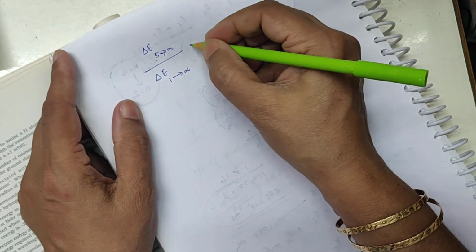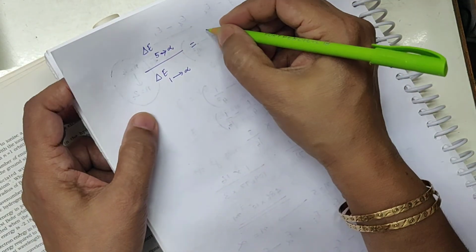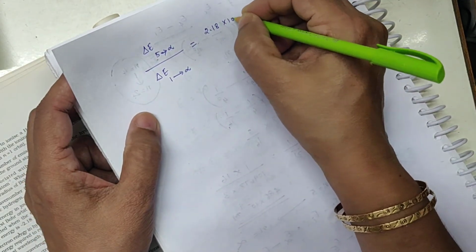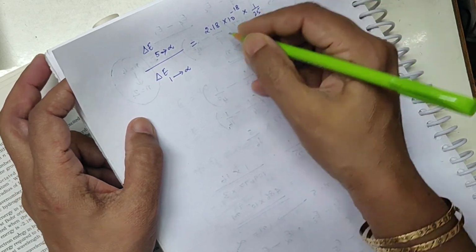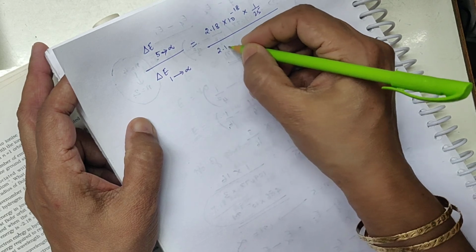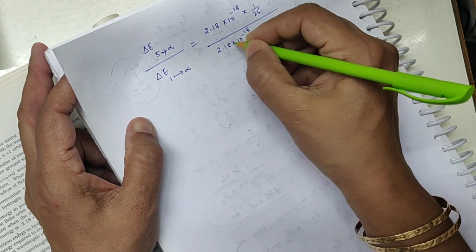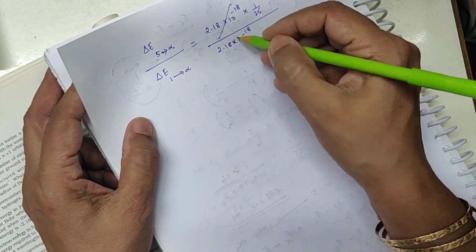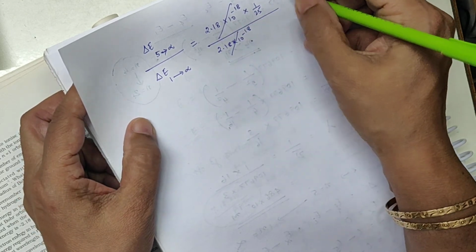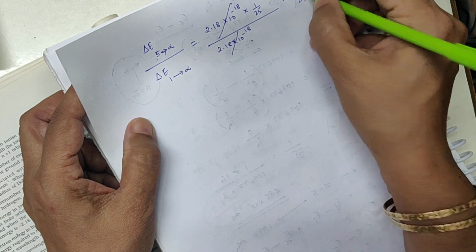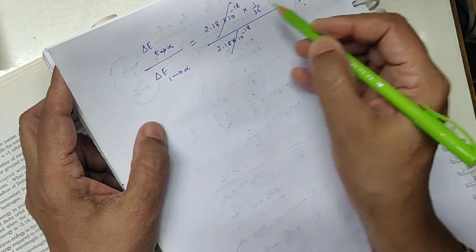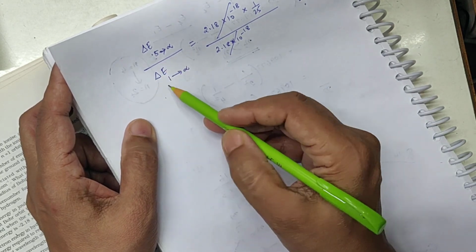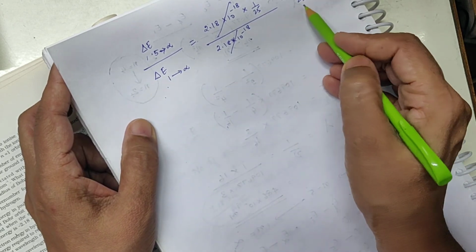What is the relation we have seen for 5 to infinity? 2.18 into 10 to the power minus 18 into 1 upon 25, and the other is 2.18 into 10 power minus 18. So this gets eliminated, and this ratio we are getting to be 1 upon 25. So what does it mean? 25 into this is equal to this. This into 1 is equal to this into 25.